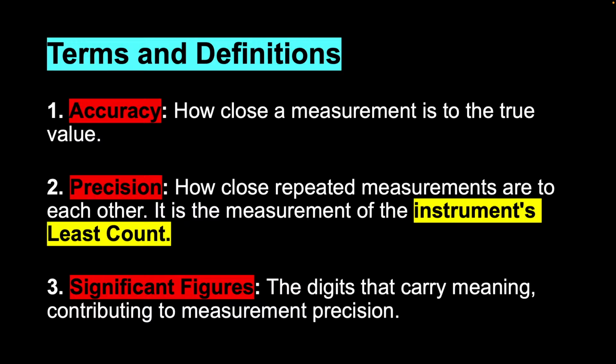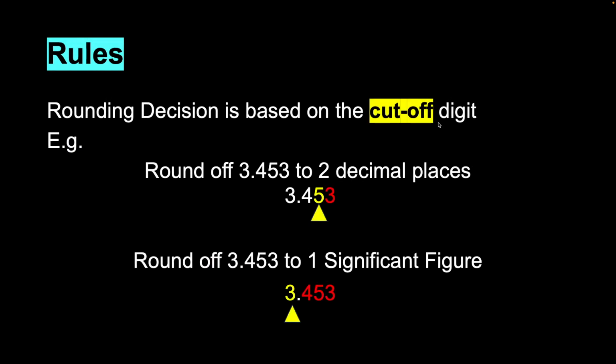Now the third definition is significant figures. Significant figures are the digits that carry meaning, contributing to measurement precision. Rounding a number may require removal and manipulation of certain figures, and the decision is based on the cutoff digit. So let us first understand what a cutoff digit is. In the first example, we round off 3.453 to 2 decimal places.